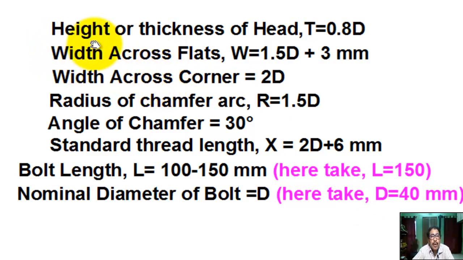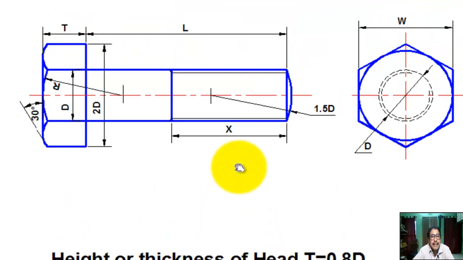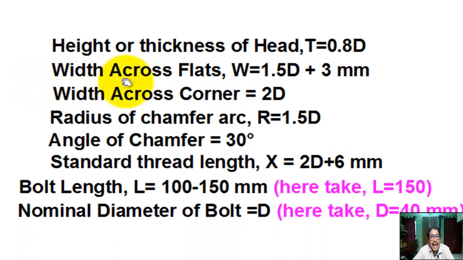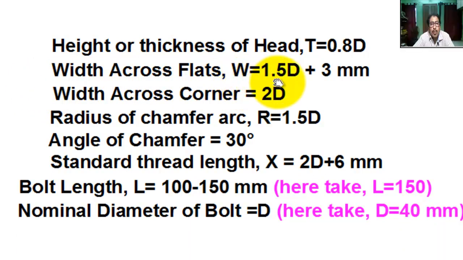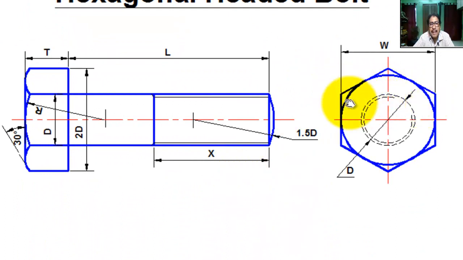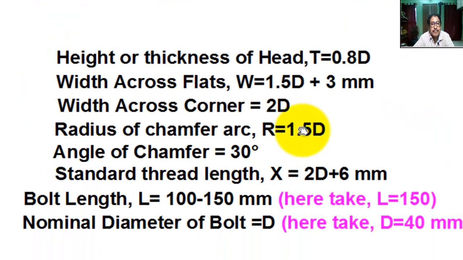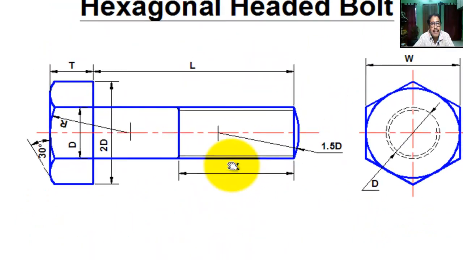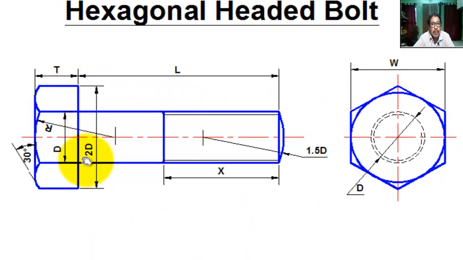So height or thickness of the head T equal to 0.8D, width across flat surface W equal to 1.5D plus 3 millimeter, width across corner equal to 2D, this corner, this corner, this corner, this corner.